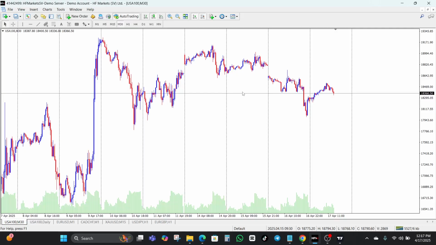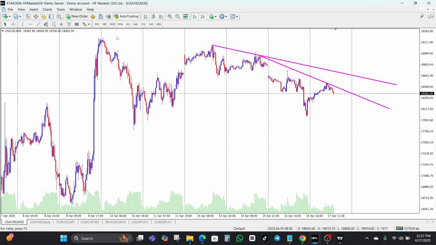Now, the first step with using the strategy is to identify market structure. It is very important to identify market structure. You need to understand the prevailing momentum in the market. It's very crucial.